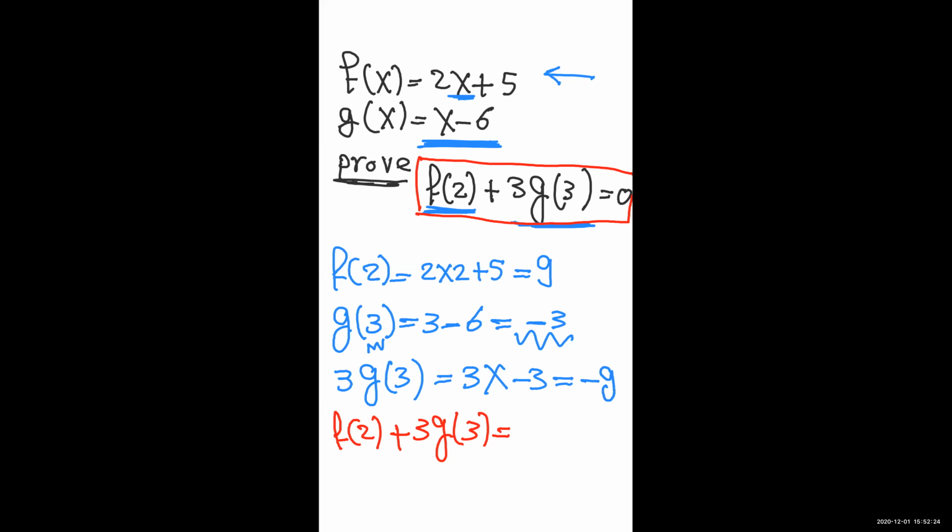So you will check. f of 2 we got, it will equal 9, plus 3g of 3, this one equals negative 9. So 9 plus negative 9, actually, will equal 0. And that was what was required in this question, to prove that f of 2 plus 3g of 3 equals 0.